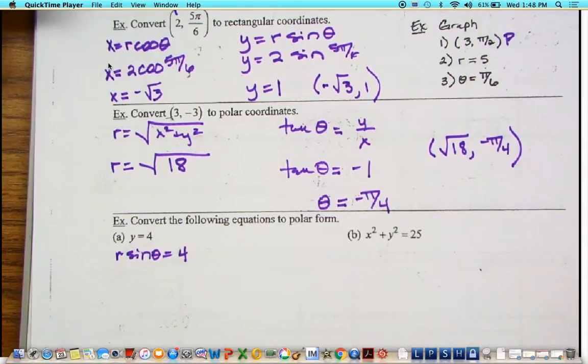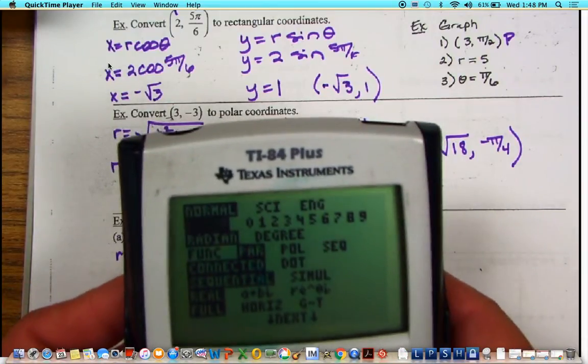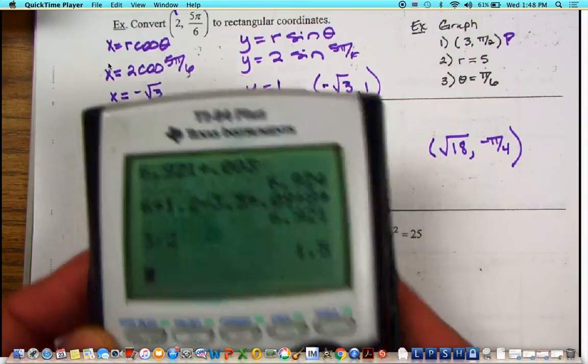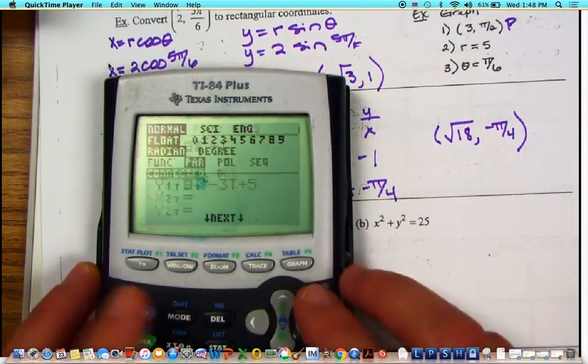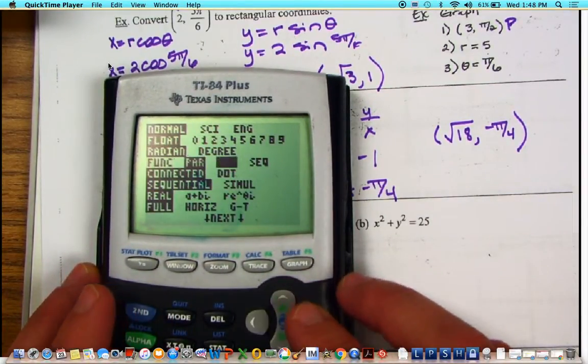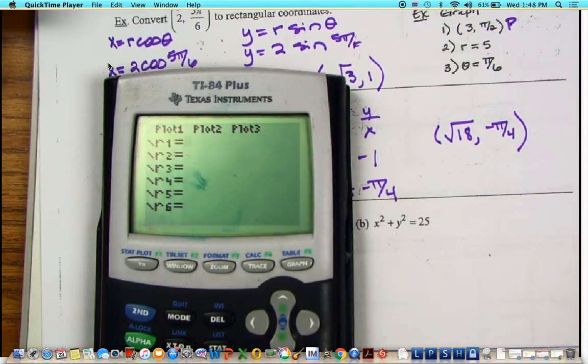Like if you go to your calculator and put it in polar mode, it starts with r equals.